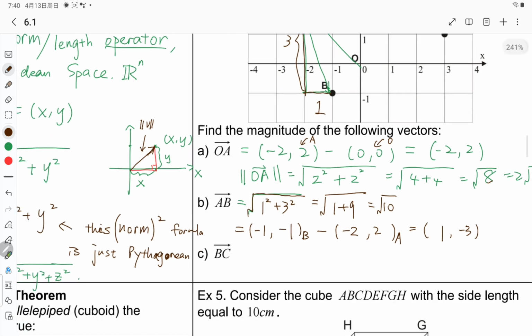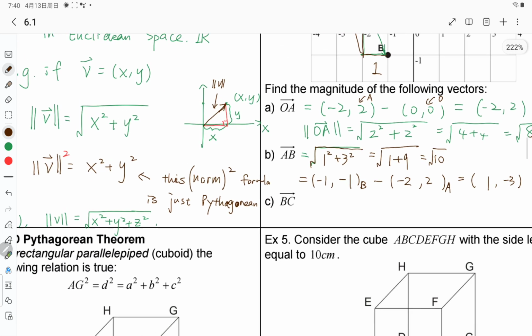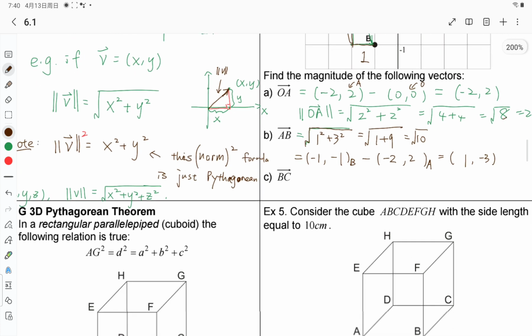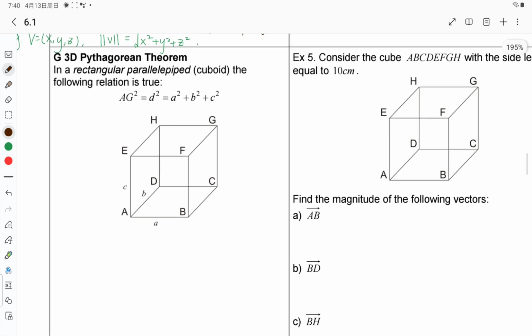It's the same magnitude that we are going to calculate. And then BC, I think I can leave one of these exercises in the exam. Okay, 3D, Pythagoras theorem.